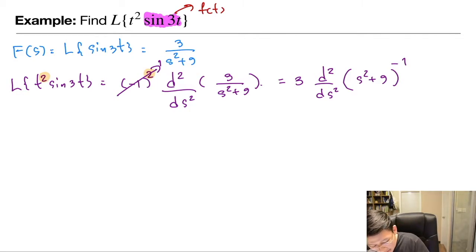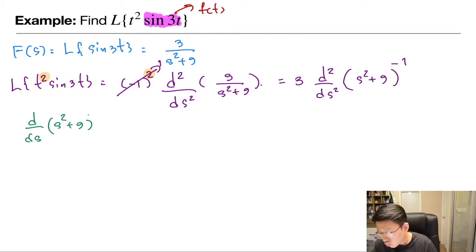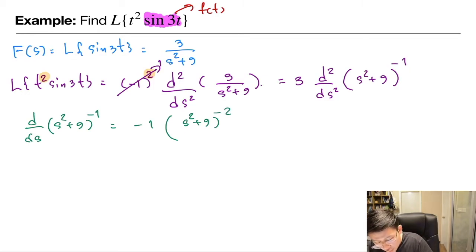d by ds of s squared plus 9 to the power of minus 1 would be, what would it be? It would be minus 1 times s squared plus 9 to the power of minus 2. You look at this as u.